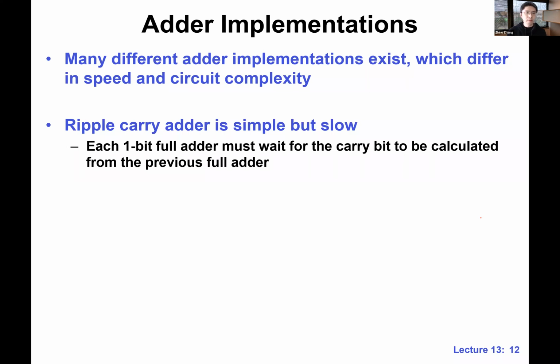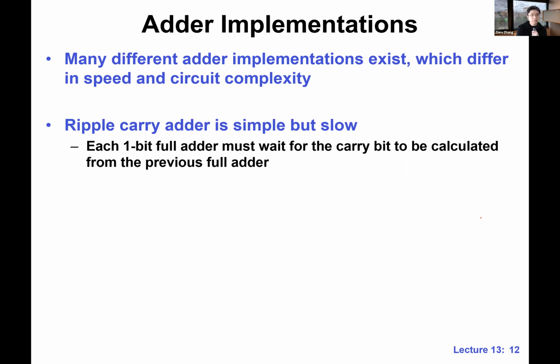All we need to do is cascade these 1-bit full adders, and we're done. But the downside is it's pretty slow. We need to propagate this carry all the way from the LSB to the MSB. That's where we get the critical path.